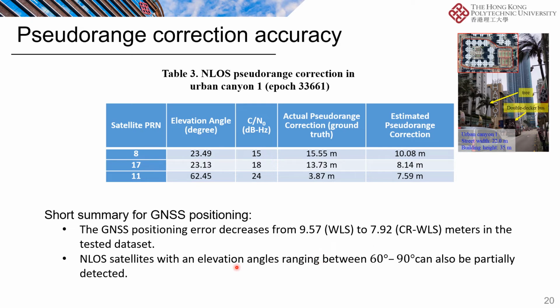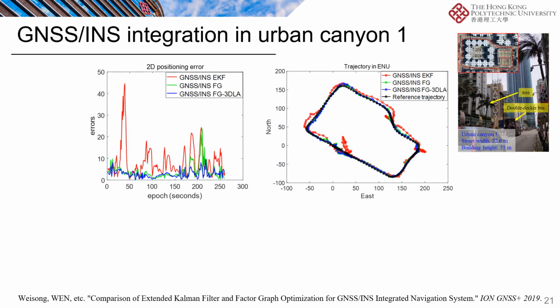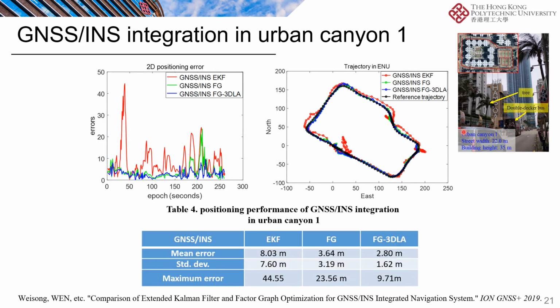Even the NLOS satellite with an elevation angle ranging from 60 to 90 can be partially detected. It means the high elevation angle satellite NLOS can also be partially detected. For integration, let's see Urban Canyon 1. We find the EKF solution is about 8 meters, factor graph optimization is 3.6, decreased to 2.8 meters.